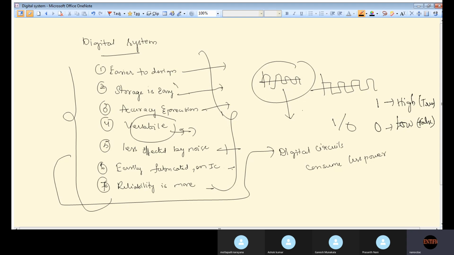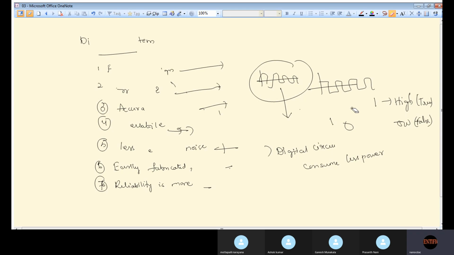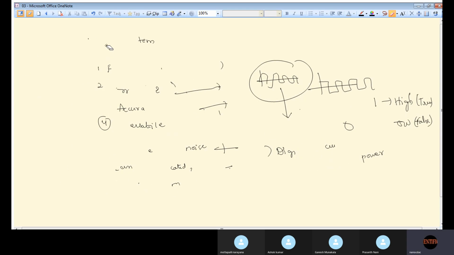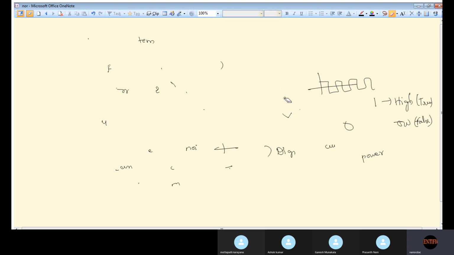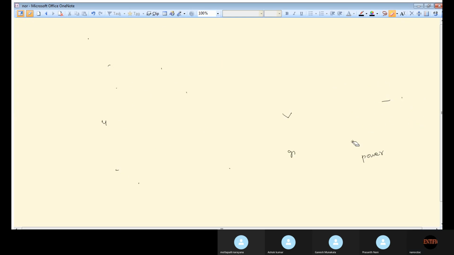Next is digital circuits. What are the major digital circuits that you remember? So these are the advantages. If we talk about the circuits, what are the different digital circuits you know? Logic gates, very good. Combinational circuits, very good.